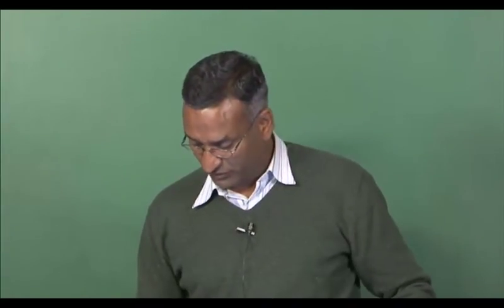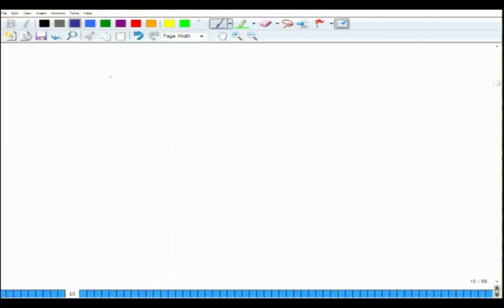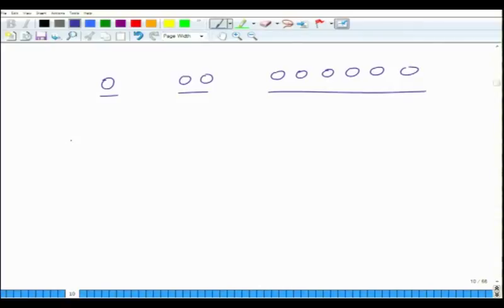So if you want to talk about the number of slits that you can have in the system, you can have one slit, you can have two atoms, you can have multiple number of atoms, and this is basically changing the number of slits. When you change the number of atoms in a material, the diffraction effects become stronger.